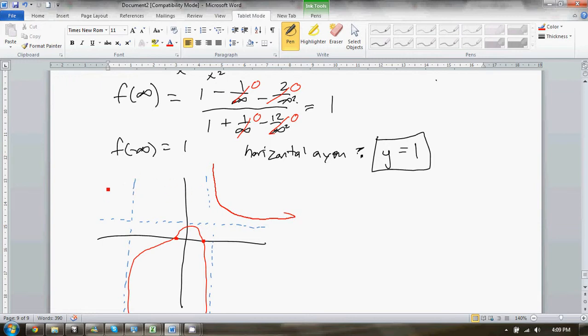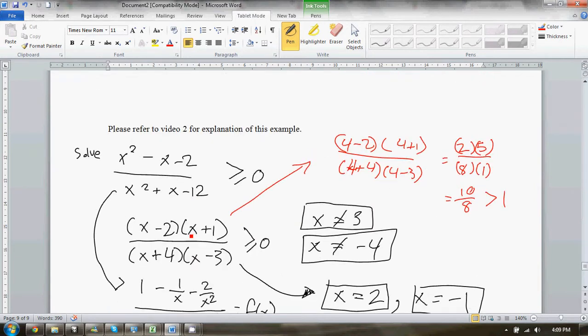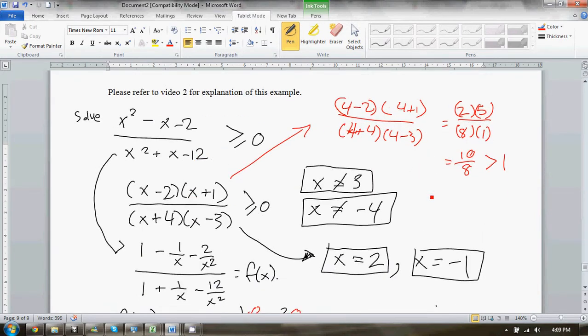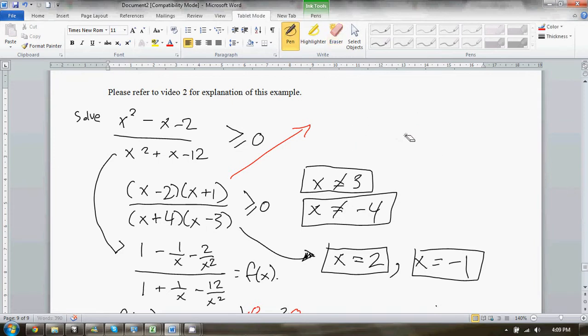Finally, we have to figure out where it is on the left side before negative 4, so we put in negative 5. I'm just going to erase all this stuff. So we have negative 5 minus 2, negative 5 plus 1, divided by negative 5 plus 4 and negative 5 minus 3.